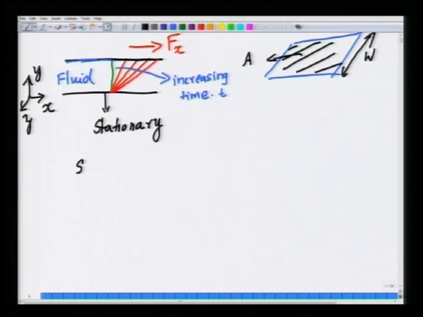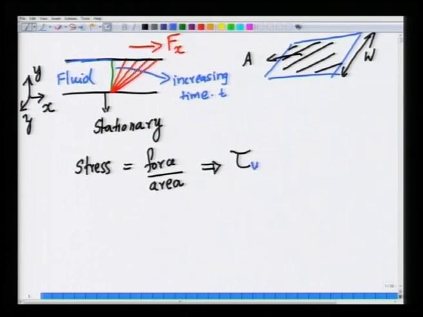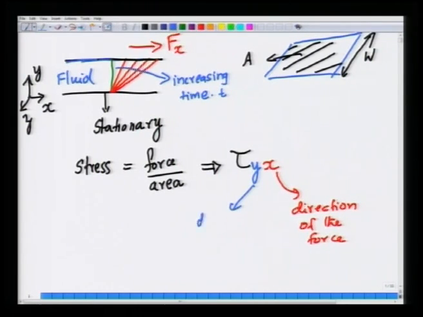So, we said that the stress is force divided by unit area, the force divided by the area upon which the force is acting. The stress is denoted by the symbol tau, and we said that there are two suffixes for the stress. x is the direction of the force, and y is the direction perpendicular to the surface upon which the force is acting.